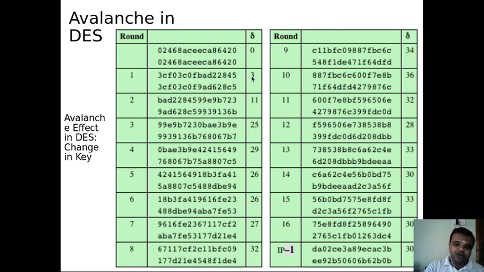It goes on to 3 bits of change in the corresponding output. After the first round, 11 bits of change in the output. After the second round, absolutely no comparison between the outputs as you go through 16 rounds of operation. So this gives you confusion as well. So the avalanche in DES shows you that after each round you have significant changes happening.